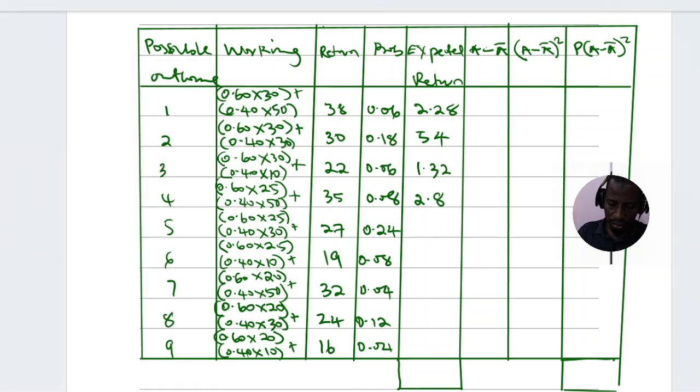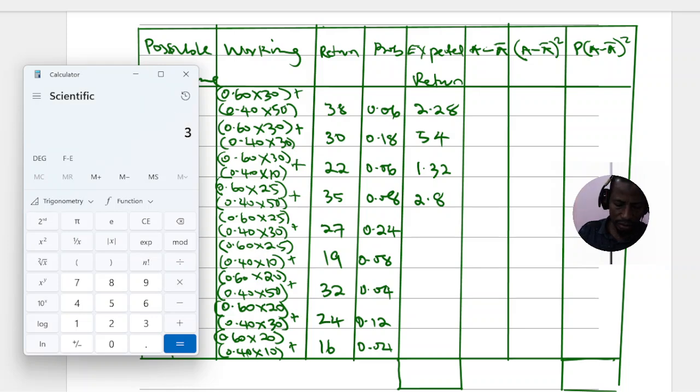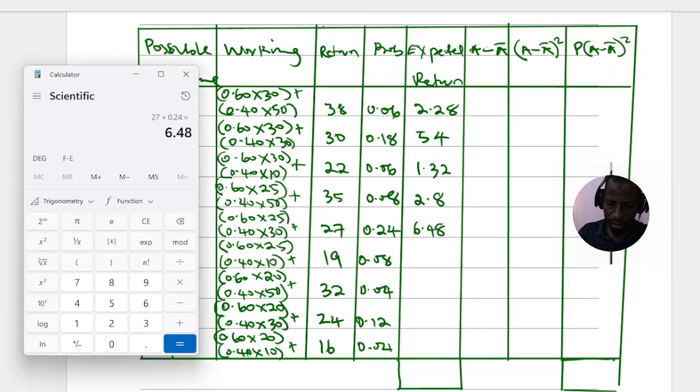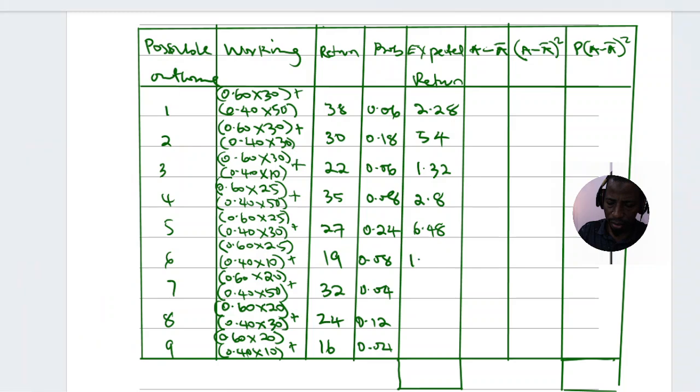The next one, 27 multiplied by 0.24, that's 6.48. The next one is 19 multiplied by 0.08 equal to 1.52.